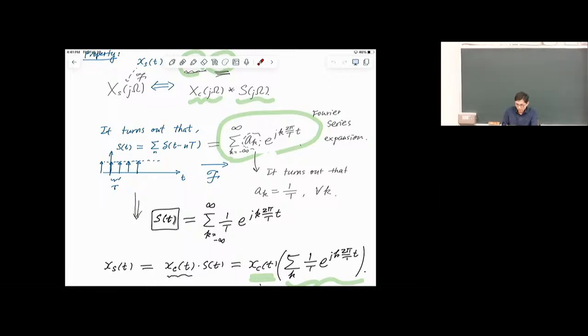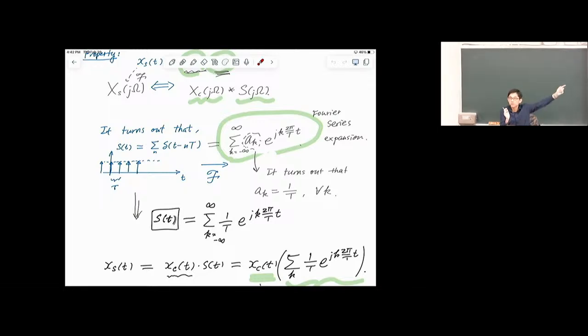We can do that because for any periodic signal in continuous time, we can write the signal as a sum of sine or cosine functions, or even better, e to the j omega t, where the angular frequencies are equal to k times 2 pi divided by the period.